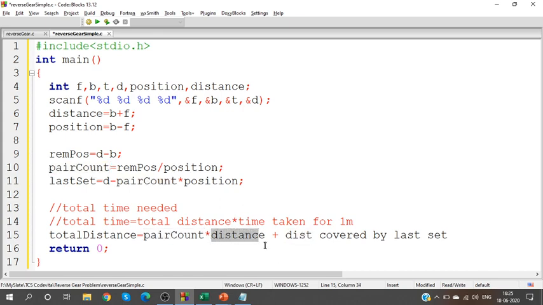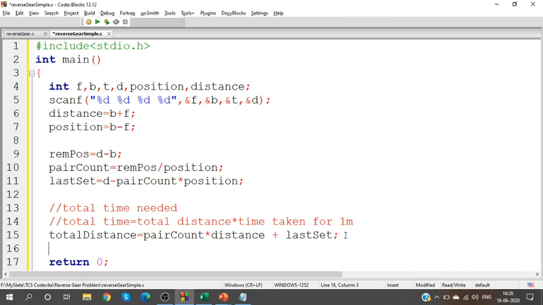One pair will cover 15 meters. So 3 pairs will cover 45 meters. Okay. Plus distance covered by last set. So whatever is the distance of the last set, add it. This will give you the total distance.